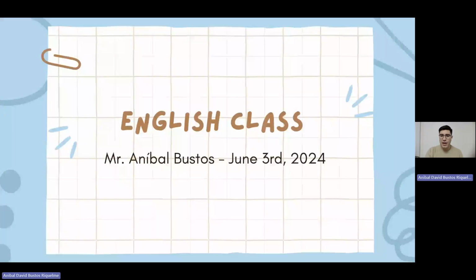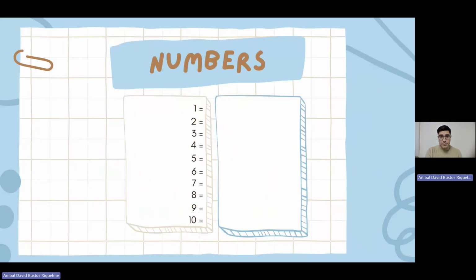And this is very basic English. So this is going to be very useful for you. So today I'm going to show you a little bit about numbers. As you can see, now we have numbers from 1 to 10. It is important that you remember the writing and the pronunciation of these numbers.